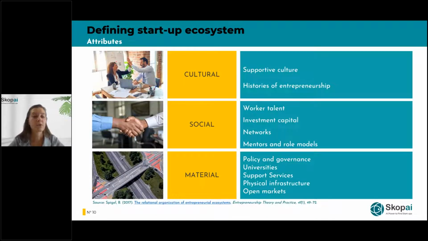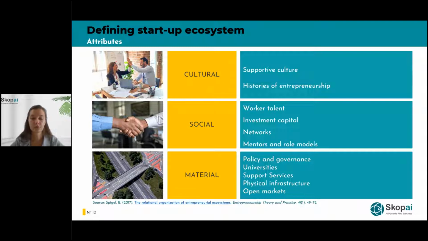According to the study of Spiegel, there are different attributes of startup ecosystems, and the author has identified cultural, social, and material attributes. The cultural attributes include a supportive culture for entrepreneurship and stories of entrepreneurial success.